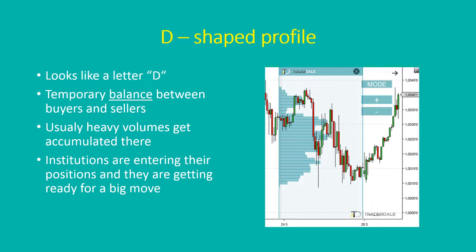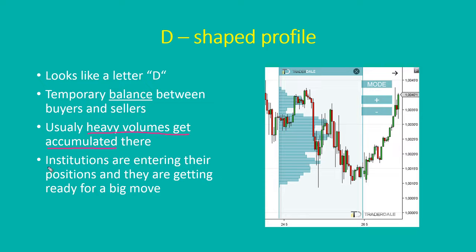Most of the time this means that the price is in a rotation. And in rotation, as we said before, heavy volumes get accumulated, because there is a lot of time for big institutions to accumulate their volumes.